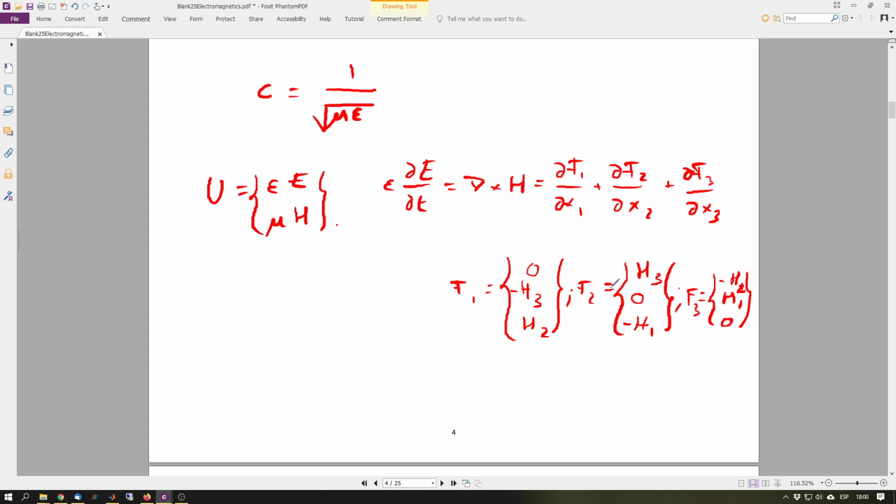So this is a way of writing why we're doing that. This means that our u is divided by epsilon, so the f1 would need this divided by mu, because if we want to write it as the derivative of u with respect to time plus the sum of the derivative of fi with respect to xi, we will need to have it in that manner, our f1, f2, and f3.